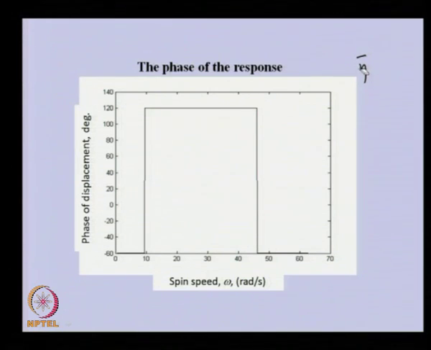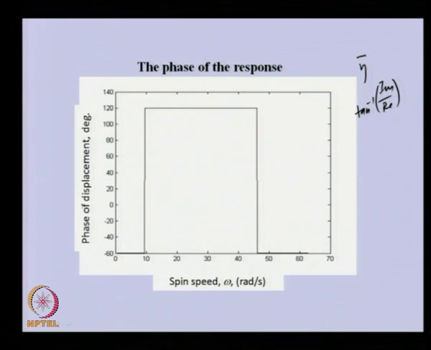If we take the amplitude of this, we get the previous plot. Phase plot will be the tan inverse of the imaginary part divided by the real part. So, at the disk location, imaginary part divided by real part, tan inverse is the phase.